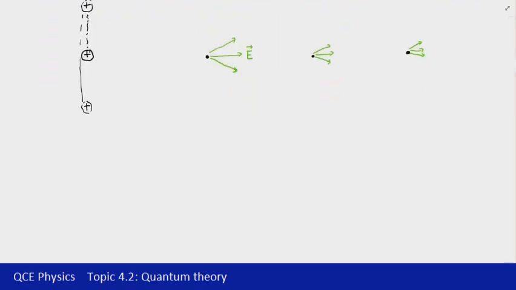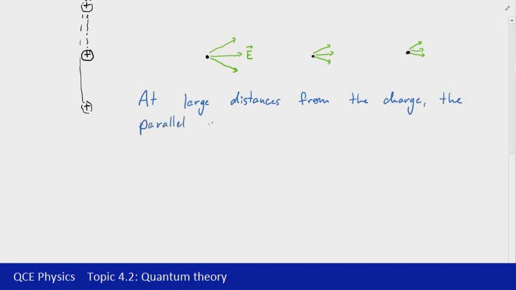Now, to take this a bit further, if we look at large distances from the charge, the component of the field that's parallel is not really going to change all that significantly. So we can basically ignore that parallel component. That parallel component in this particular case is across the screen to the right, so you can think of it as being horizontal.